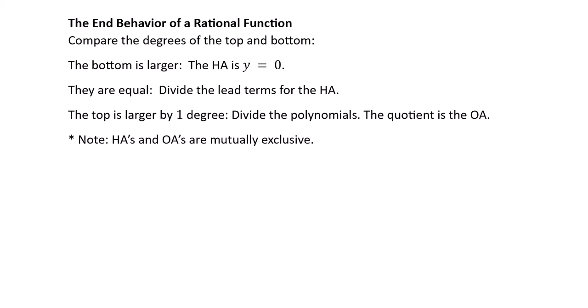If the top is larger by 1 degree, then we flat out have to divide the polynomials, and that quotient will be an oblique asymptote. Hopefully now we can see that horizontal asymptotes and oblique asymptotes are mutually exclusive. You will have one or the other, not both.